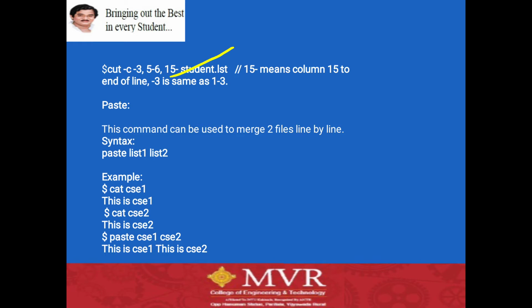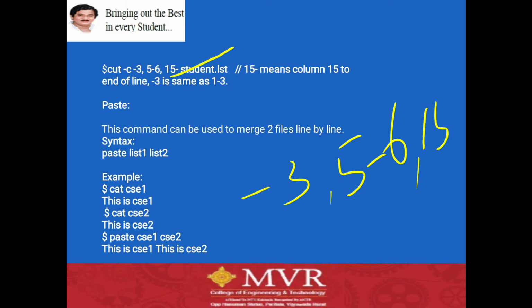This means cut -c -3, I have specified -3, then comma 5 to 6, comma 15 hyphen. Here you need to remember that if you are using the hyphen symbol without anything before it, that means from the starting. So hyphen 3 is nothing but 1 to 3.